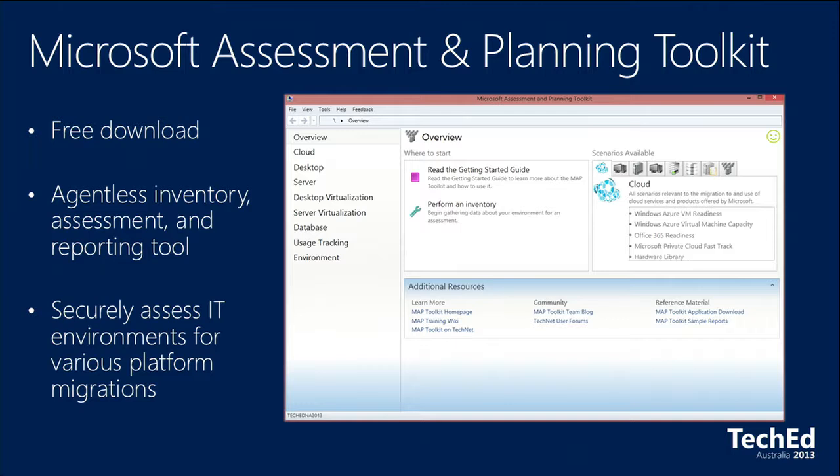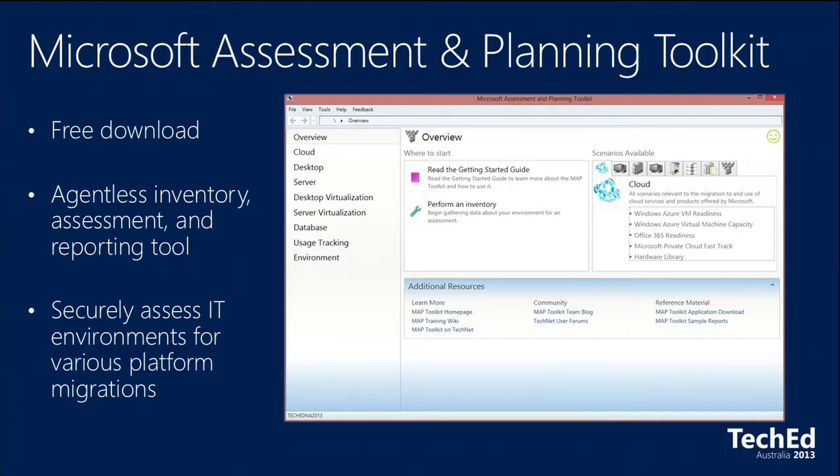To help you with that planning, if you don't have a config manager tool like Config Manager, then MAP. Everyone probably knows about MAP. It's been around for a long time now. It started with the desktop focus, moved into server focus ages ago as well. So it's a tool that'll scan your network, help you inventory what you have, and start to apply some assessment to that and give you some idea about whether those workloads will actually run on Hyper-V or not.